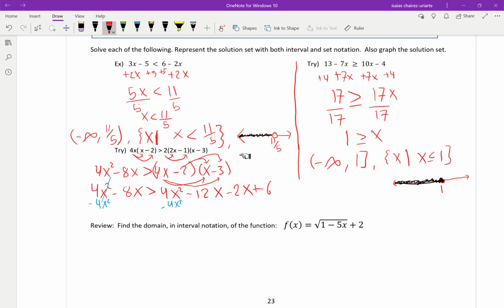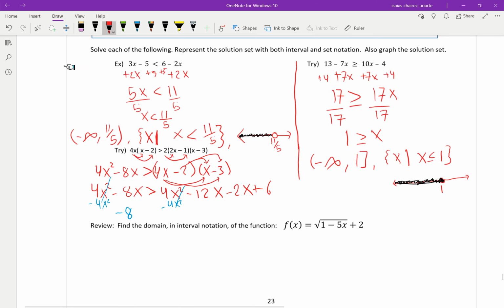What's going on with my colors here? Sorry. I'm supposed to be using red, but I don't know why blue is coming out. You can see that it's highlighted as a red, but it's writing in blue.